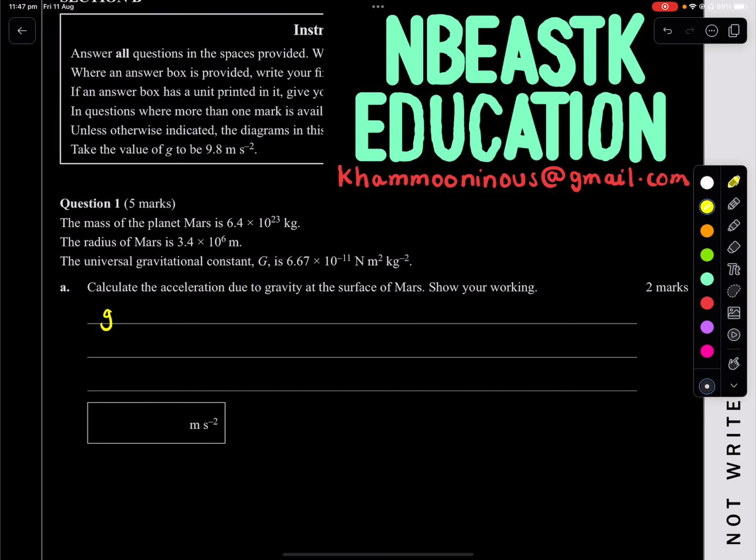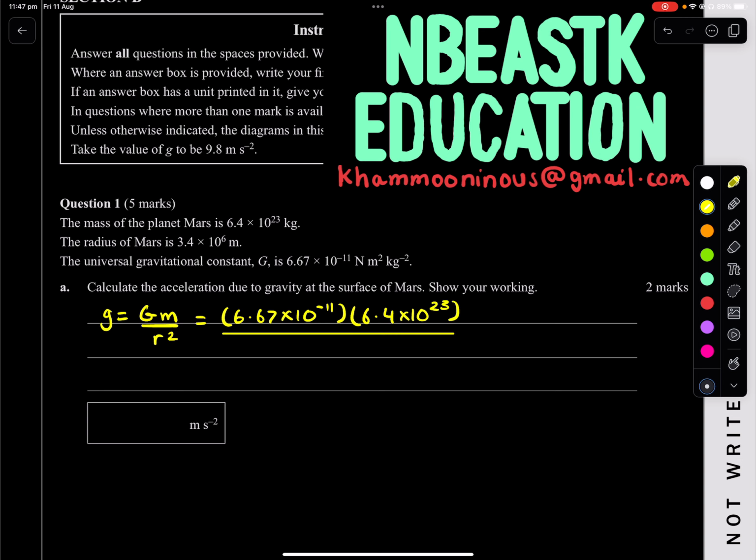That'll be g is equal to GM over r squared, where our G in this case is 6.67 times 10 to the negative 11. Your mass is 6.4 times 10 to the power 23, all over your radius, which is 3.4 times 10 to the power of 6, and all squared.